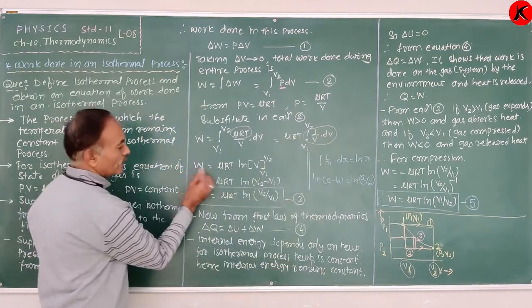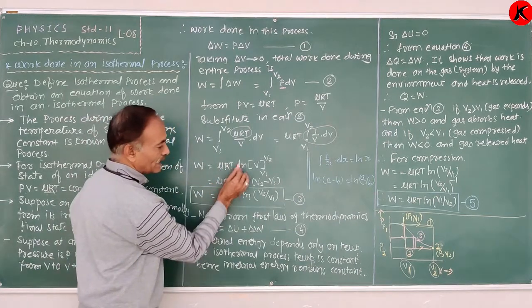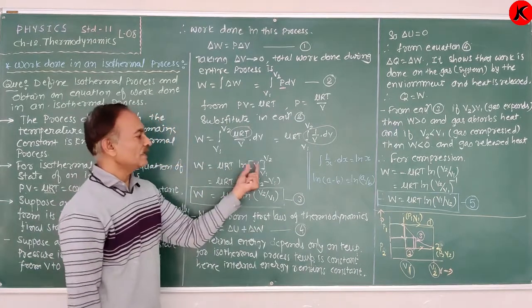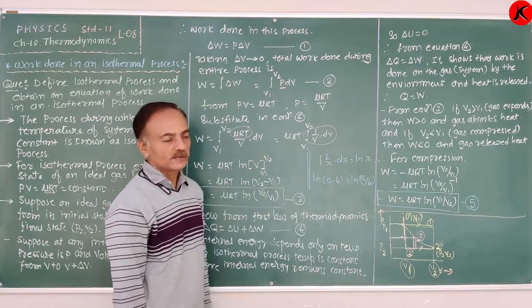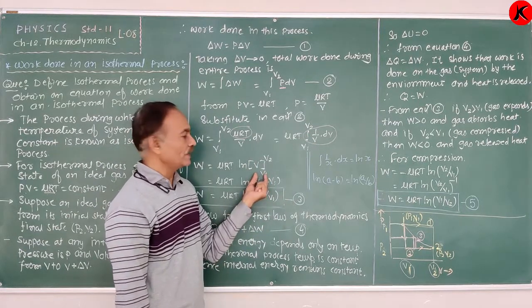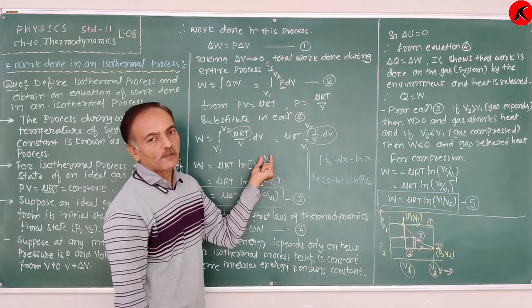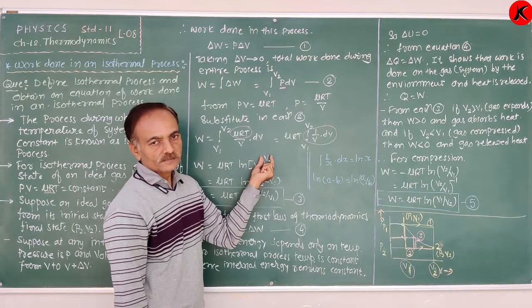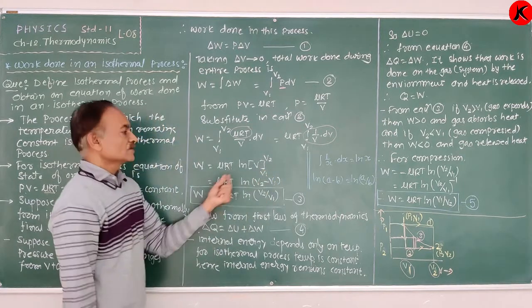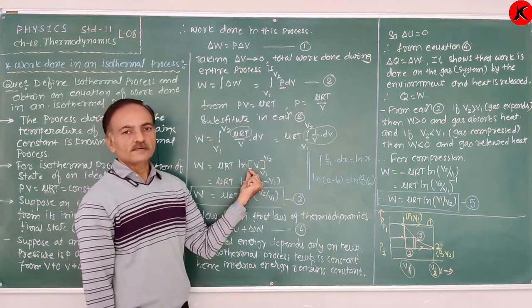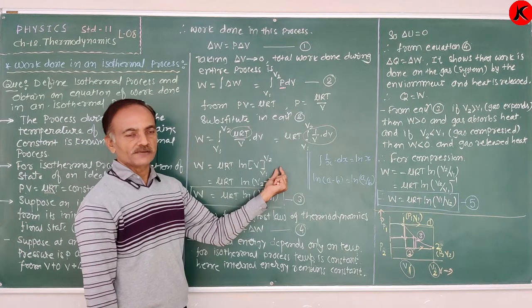Therefore, W is equal to mu RT ln V, where the volume changes from V1 to V2. There is the initial value of volume and there is the final value of volume. Now we substitute these values: first the final value minus the initial value.